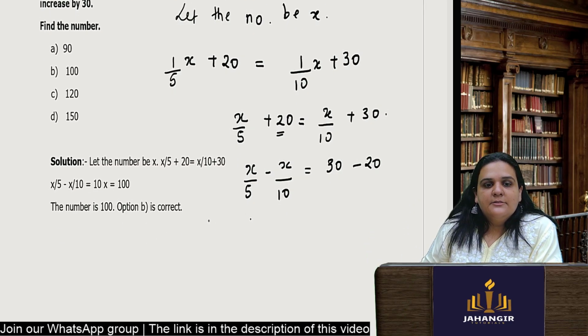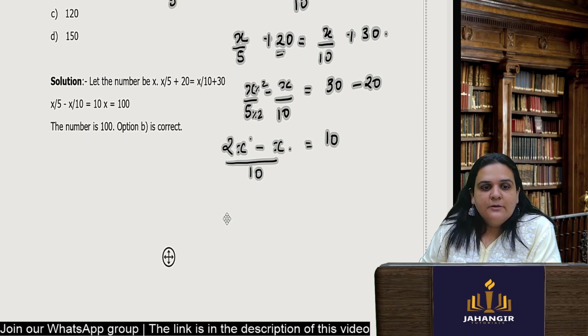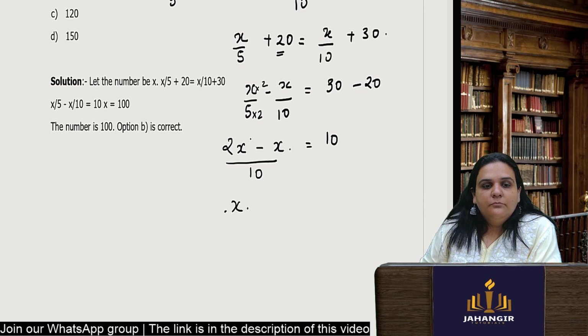Now I have to make the denominator the same. So this will become 2x minus x upon 10, which equals 30 minus 20, that is 10. 2x minus x will be 1x. This 10 I am going to take to the opposite side.